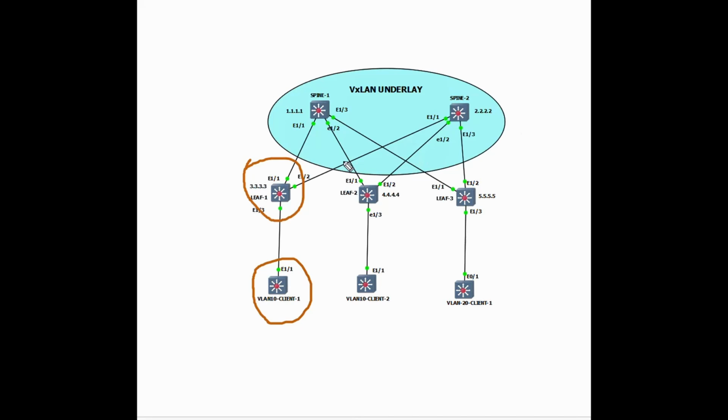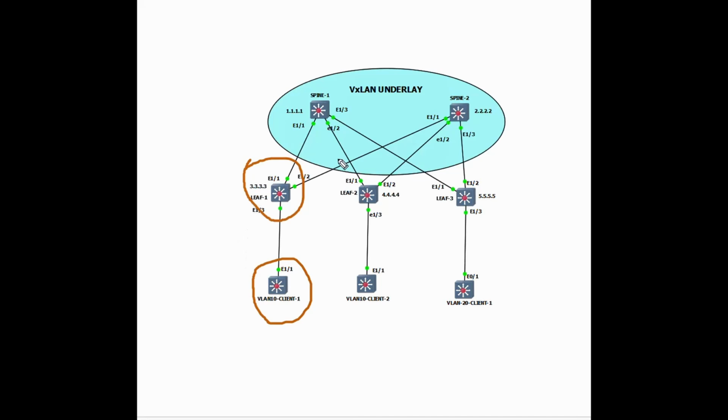And this is done specifically for bump traffic, that is broadcast, unknown unicast, and multicast traffic. So unicast packets are sent as unicast, broadcast packets are sent as multicast, unknown packets are sent as multicast, and multicast packets are sent as multicast.